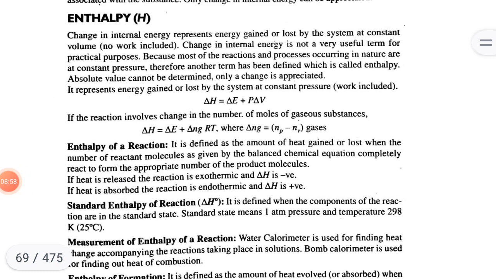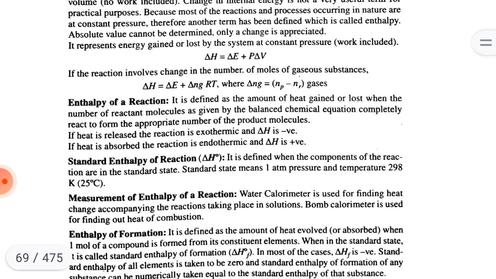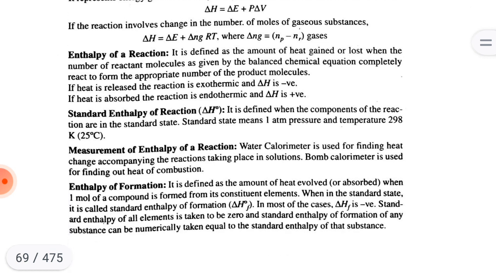Delta H is equal to delta E plus P delta V. If the reaction involves change in the number of moles of gaseous substance, delta H is equal to delta E plus delta n_g RT, where delta n_g is equal to n_p minus n_r gases. Enthalpy of a reaction.